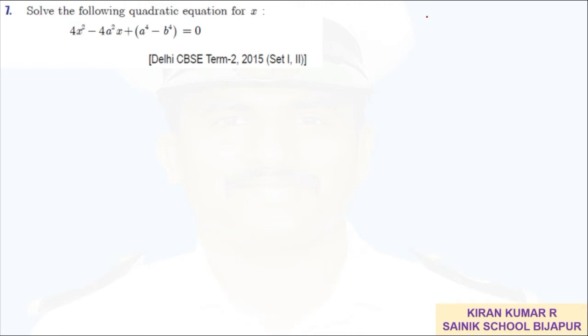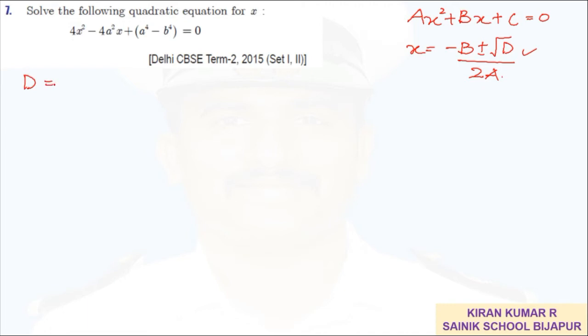When we have an equation like ax square plus bx plus c, the roots of this equation will be -b plus or minus root of discriminant divided by 2a. Let's use this formula here. Let me first find out the value of the discriminant.